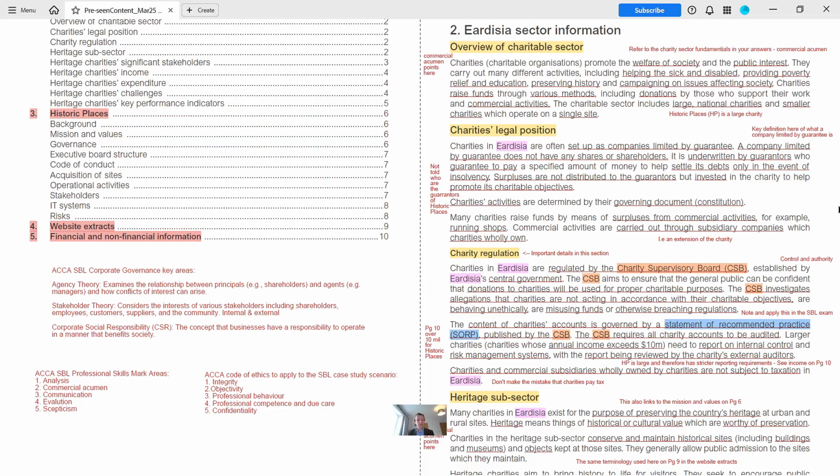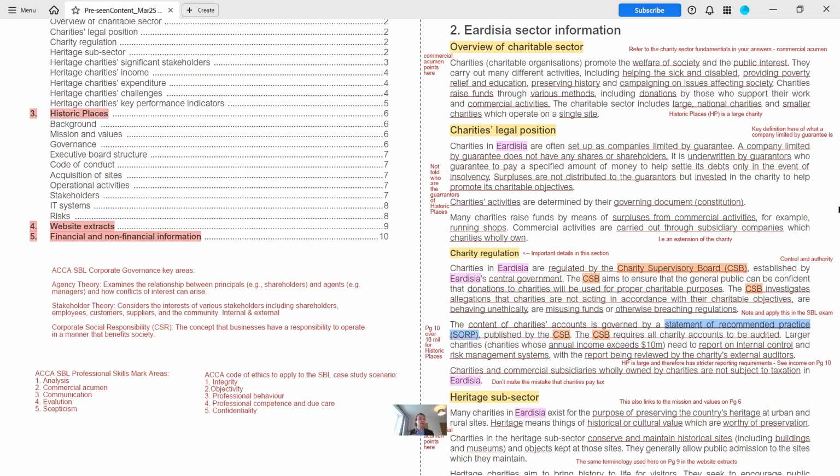The next thing on my notes you can see on the left-hand side are the professional skills marks. In your exam, there are 80 technical marks and 20 professional skills marks. Do not overlook these. Make sure you've got them down in your notes. Analysis, commercial acumen, communication, evaluation, skepticism. The key ones where students tend to get the 0 to 1 mark are commercial acumen and skepticism.